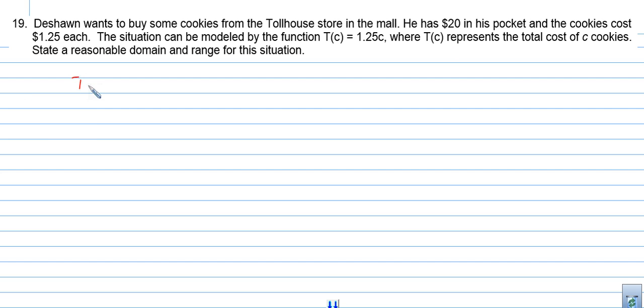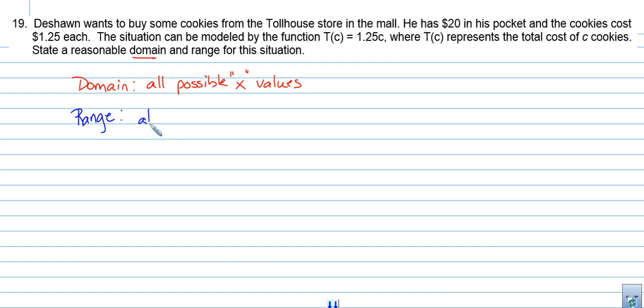So, domain, that's going to represent all possible x values. Okay? Range is going to be kind of like the counterpart to that.